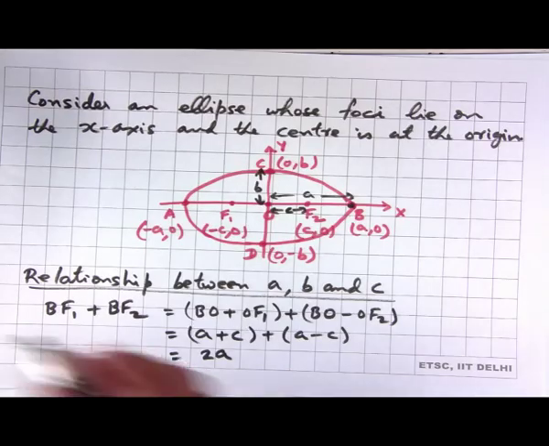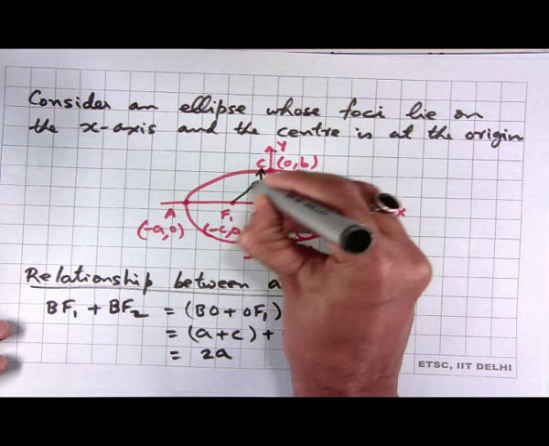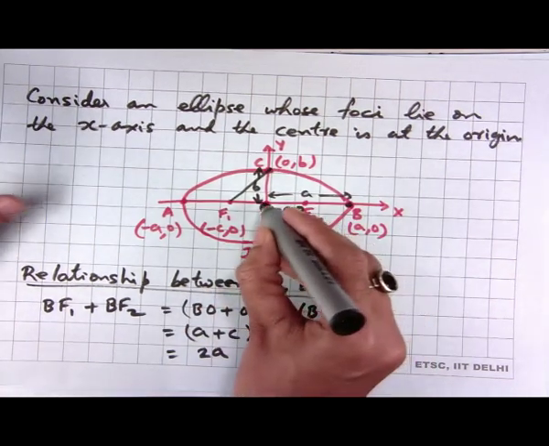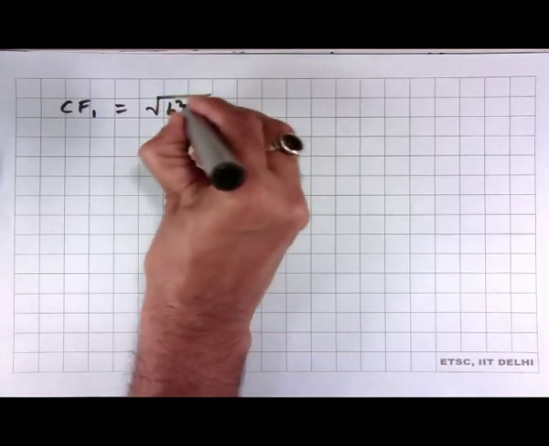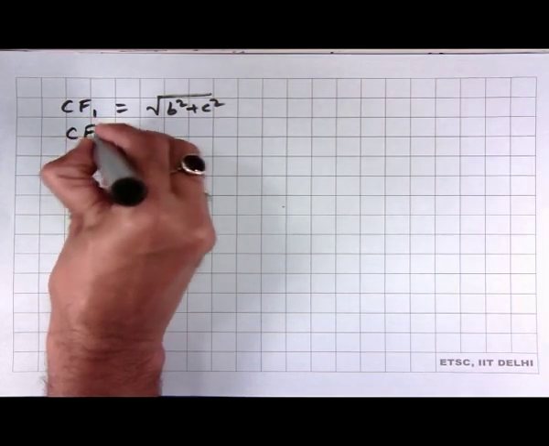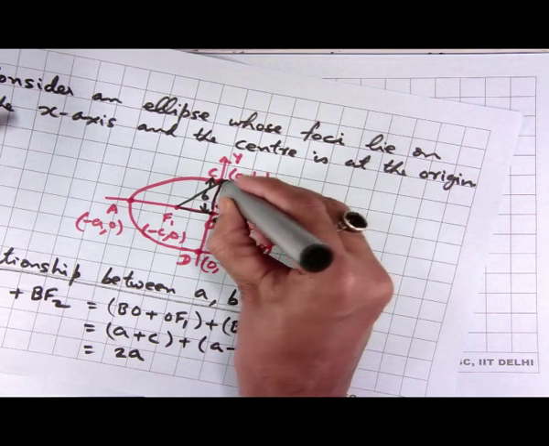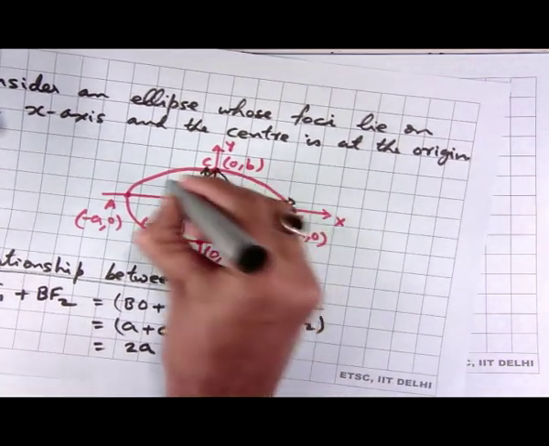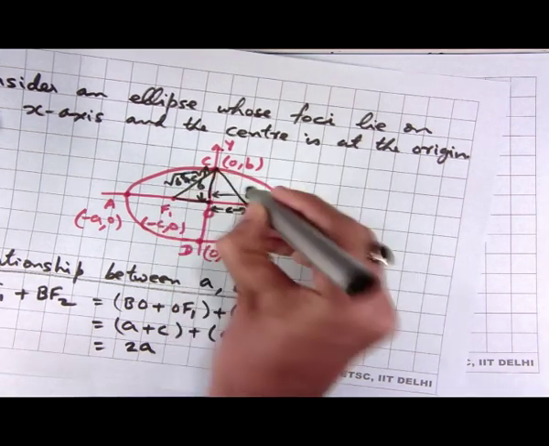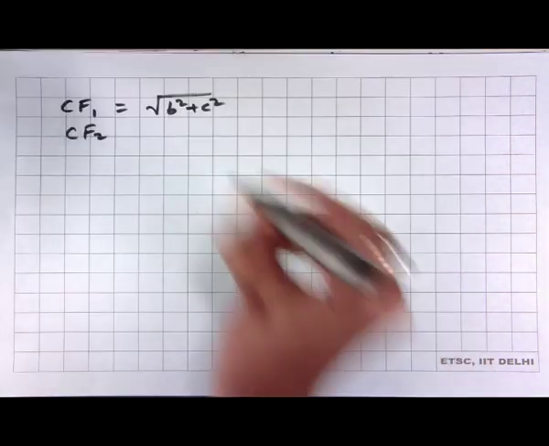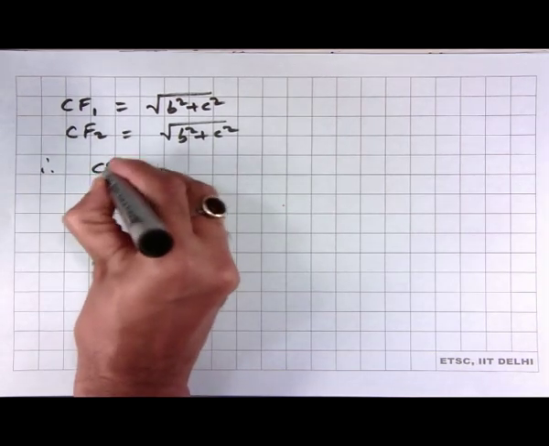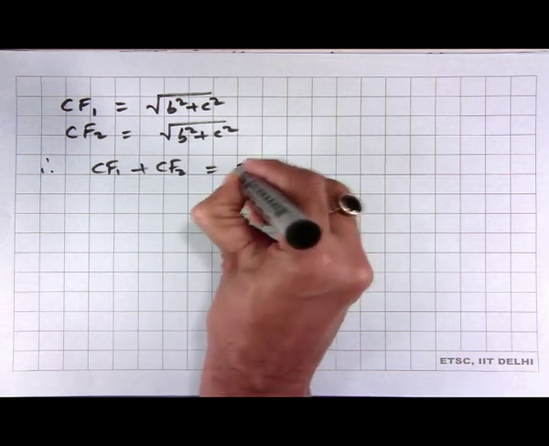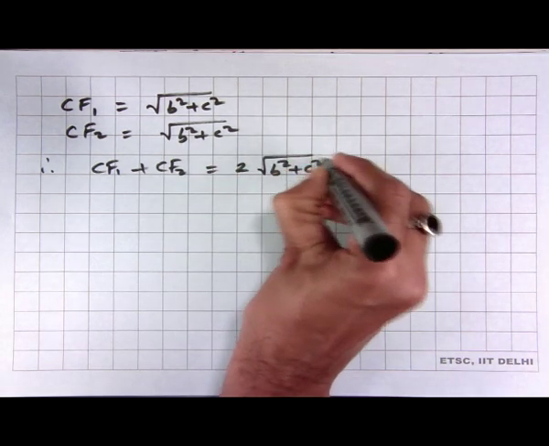CF1 is the square root of c squared plus b squared, and CF2 is again the same, the square root of b squared plus c squared. So, CF1 plus CF2 is equal to twice the square root of b squared plus c squared.